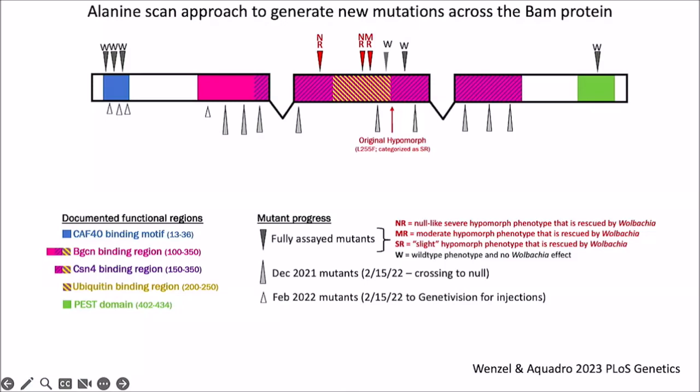And if they did, are they rescuable by Wolbachia? And interestingly, it clusters, particularly around this ubiquitination domain, many of the mutations that are associated with having a fertility phenotype knocked down in these mutants, but that is rescued by Wolbachia.